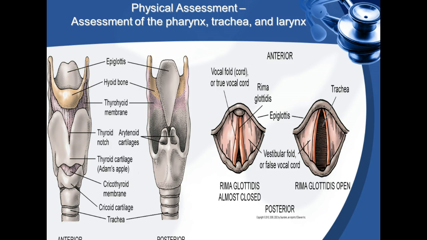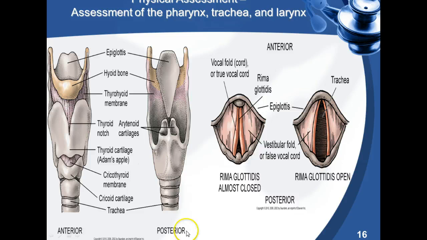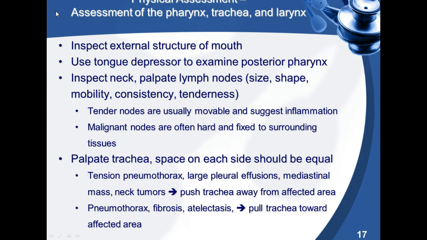Okay, so right here you can take notice of that, and that was just an inspection of the throat area, like the pharynx, trachea, and larynx. I employ you to know the difference between the pharynx, the trachea, and the larynx.